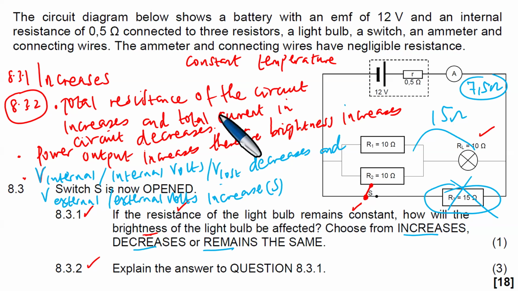Total current decreases by inverse proportion. The power output increases. Therefore, brightness increases. The power output increases, and the brightness increases, or the V internal, the internal volts, or the lost volts decreases, and the external volts increase.